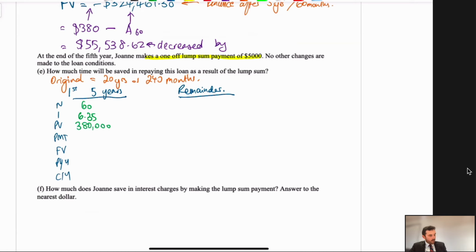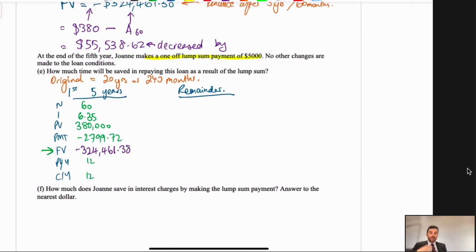Our payments we worked out was negative 2799.72, and we worked out our FV as being, and I'll put this in a different colour, negative 324,461.38, and these are still 12.